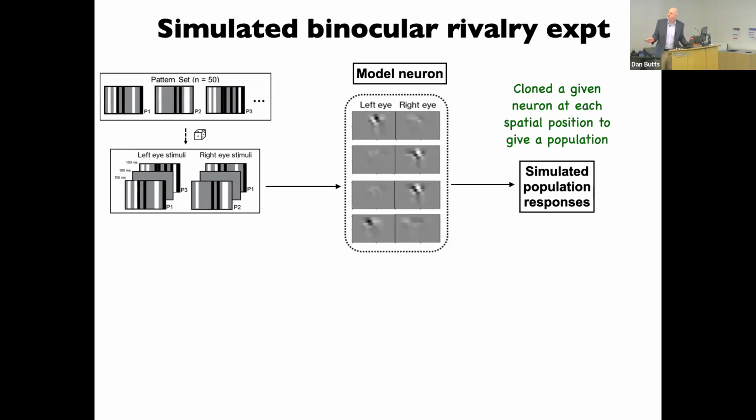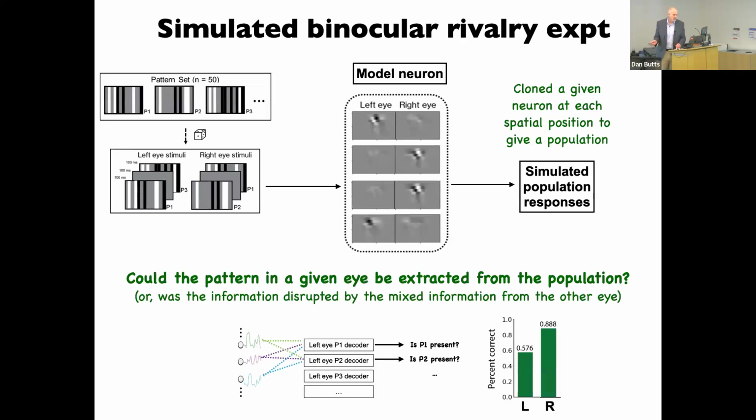These patterns are more like binocular rivalry, where you have one pattern in one eye and another pattern in the other eye. And we hypothesized that because these were nonlinearly mixed, we could make a decoder that could then unmix them.